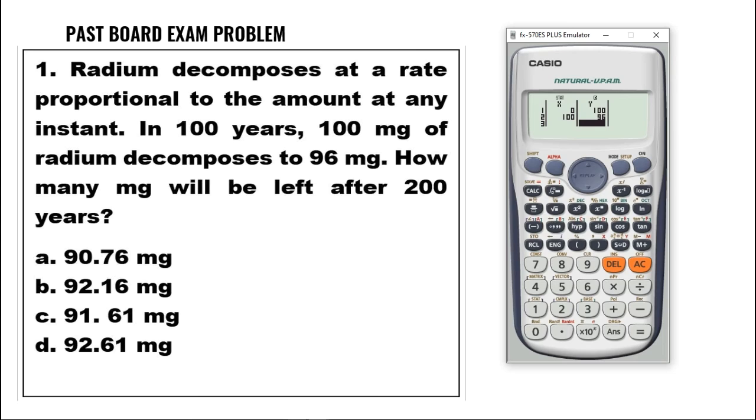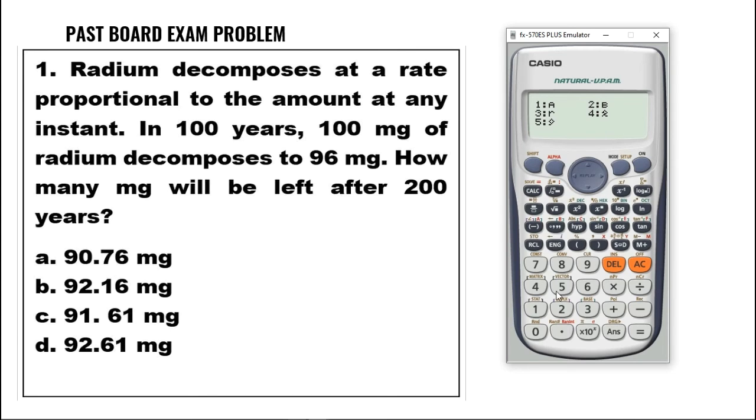How many milligrams will be left after 200 years? So, we have input the data. AC. Then, shift stat, because we are dealing with mode stat. Then, regression. We are looking for how many milligrams, therefore the amount of the substance.